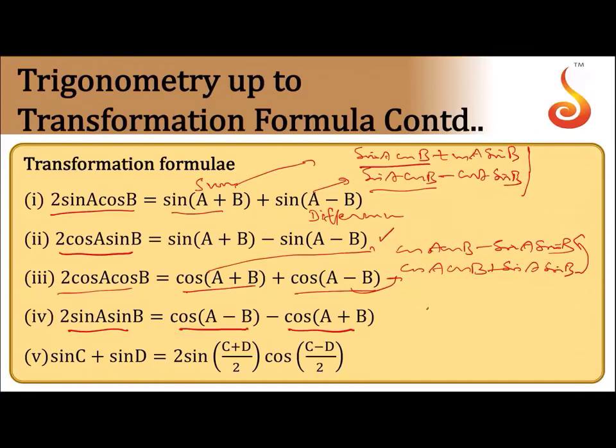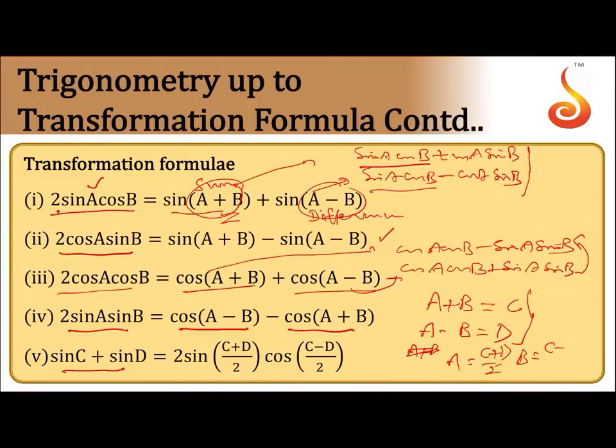In the same way, in the above formula, when you take A plus B equals C and A minus B equals D, and simplify, you are going to have sine C plus sine D equals 2 sine A cos B. When you add them and subtract them, A plus B is nothing but C, so A will be equal to C plus D by 2 and B is equal to C minus D by 2.